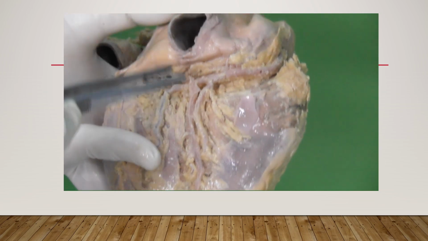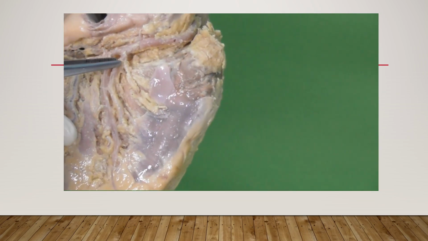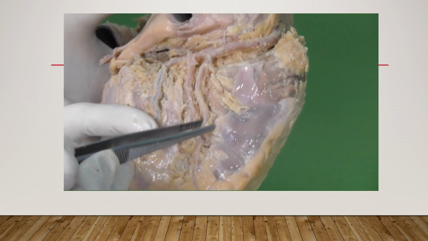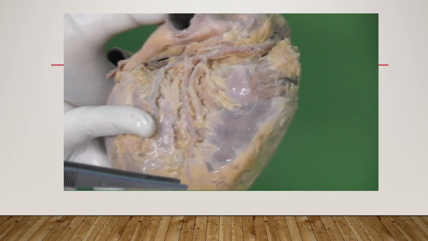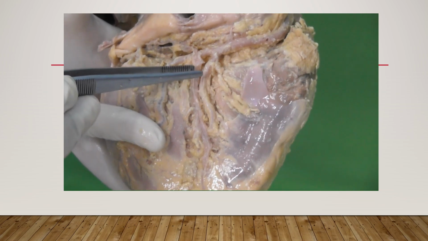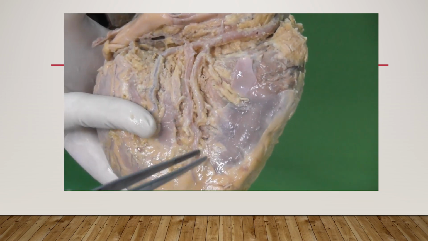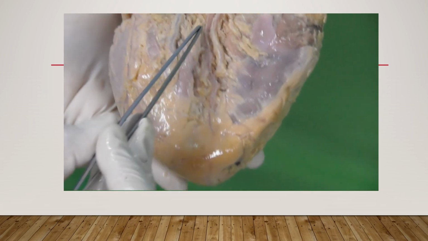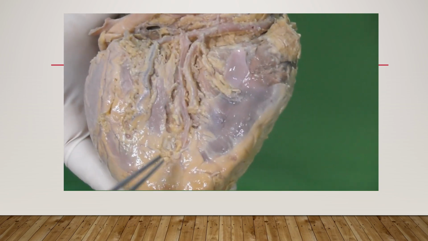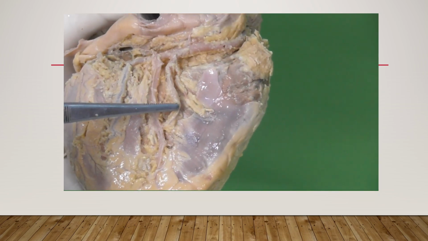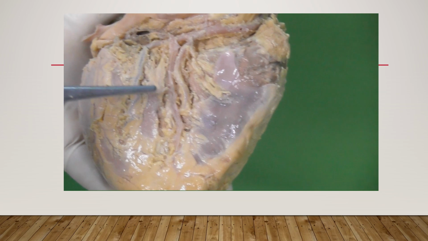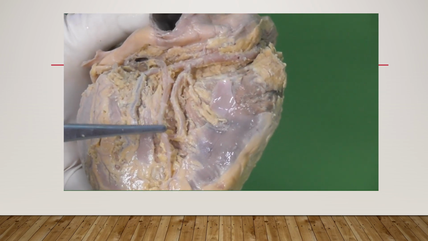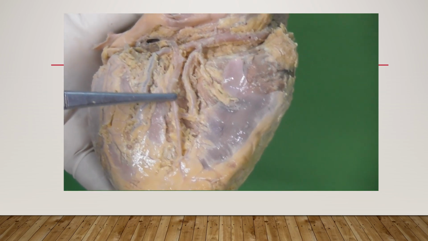Most of the time this right coronary artery gives out the posterior interventricular branch, which decides the coronary dominance. Here we can very clearly see the posterior interventricular artery passing through the posterior interventricular sulcus, and it is also accompanied by the middle cardiac vein.